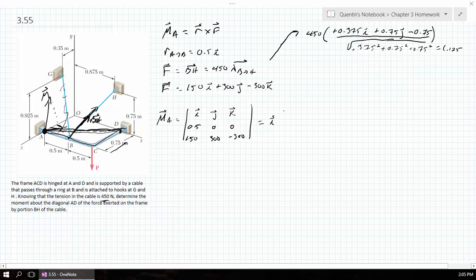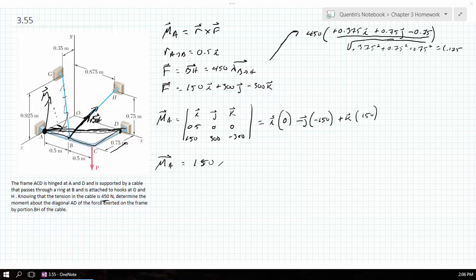The i component is 0 times 0, so 0, minus j, so this times that, so minus 150, plus k times 150. Therefore the moment at A is 150 in the j direction, please write, plus 150 in the k direction. Okay, so that is the moment vector here.